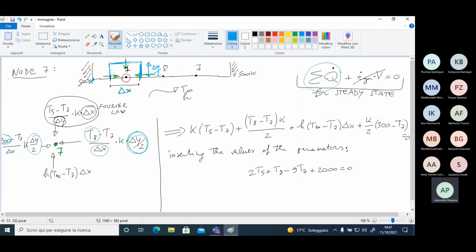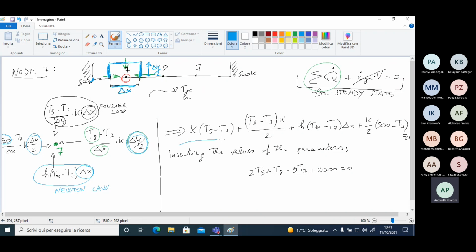And this one is nothing else, again, the area normal to the heat flux itself. And from the bottom, finally, I have convection in this case. So this is the Newton law, in which I have the transfer rate from the fluid to the node 7, and this is the area associated to this heat transfer rate. It's clear for all of you?